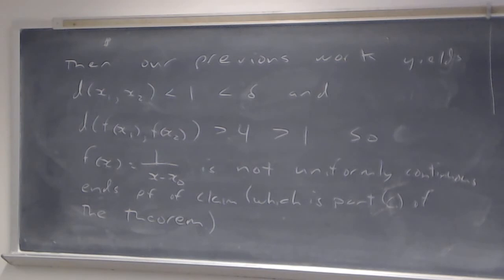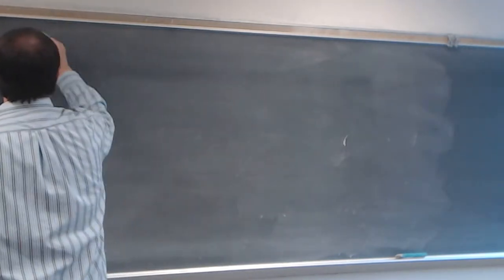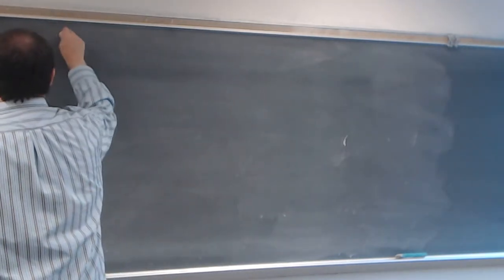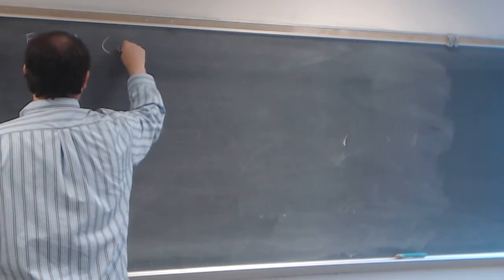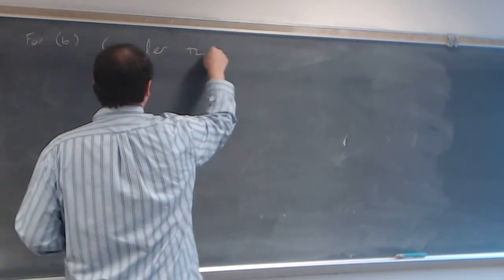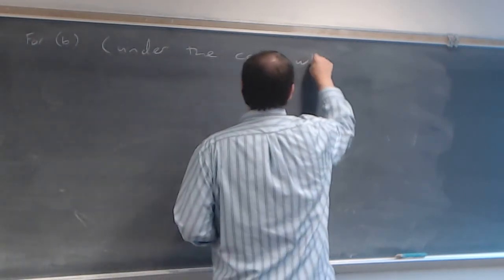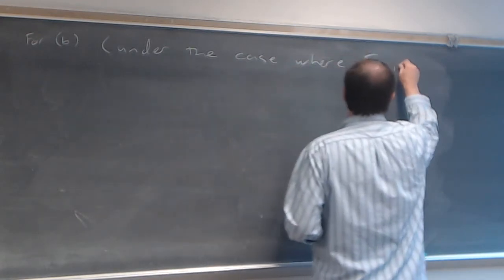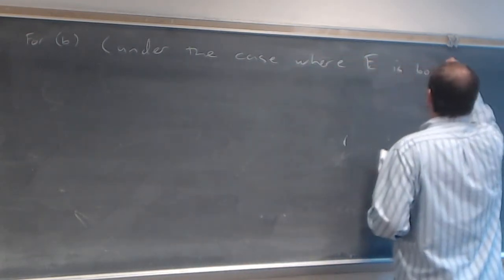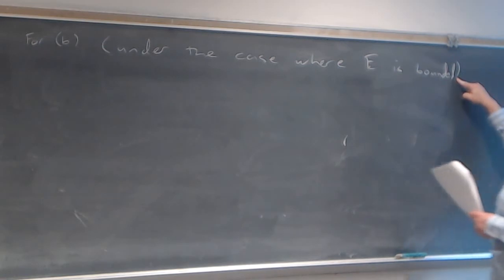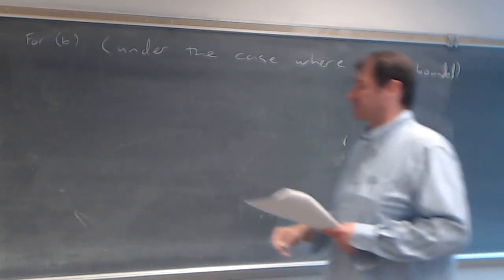We're still in the case where E is bounded. This is for part B. And we're under the case where E is bounded. So we're still thinking E is bounded.